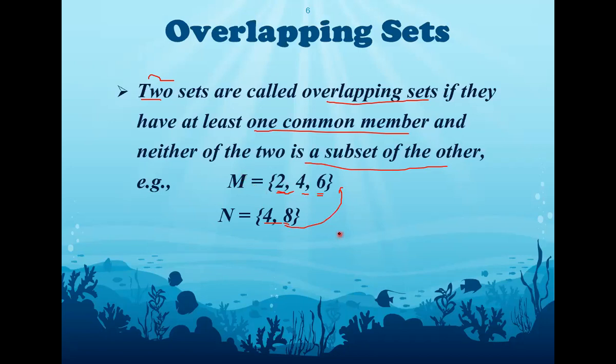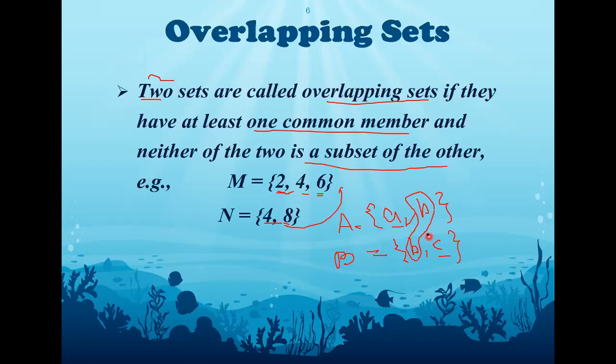Suppose you have set A, whose elements are A, B, and set B, whose elements are B and C. The same element is B, and A and C are different elements.